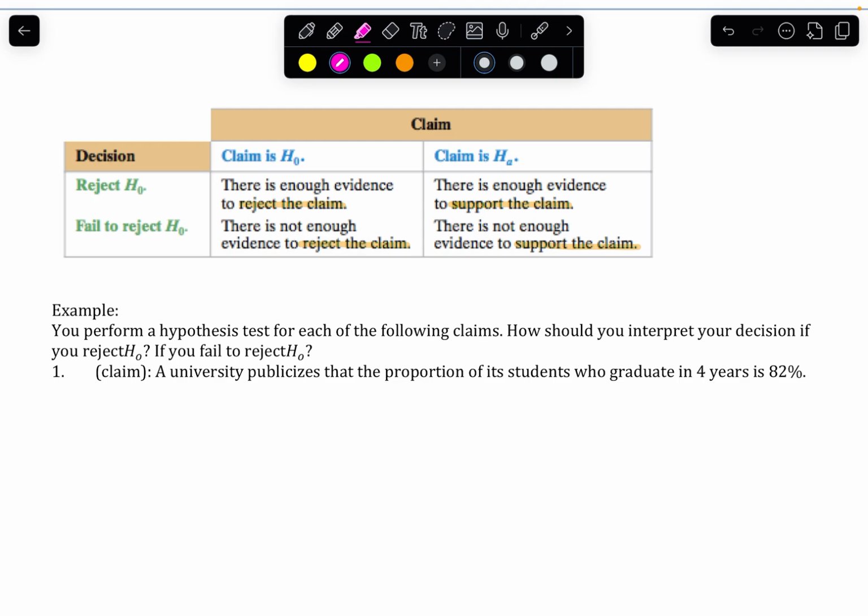The other thing we're going to look at is our decision. If our decision is to reject, that tells us that there is enough evidence. If we fail to reject, that tells us there is not enough evidence.